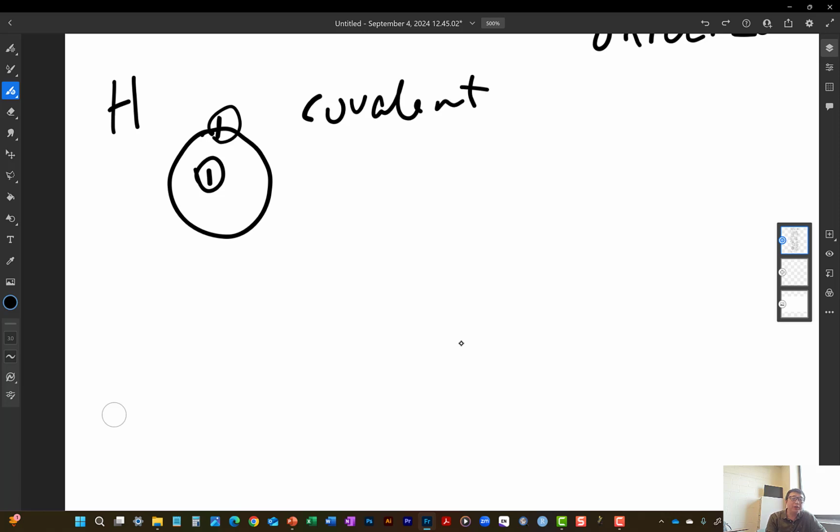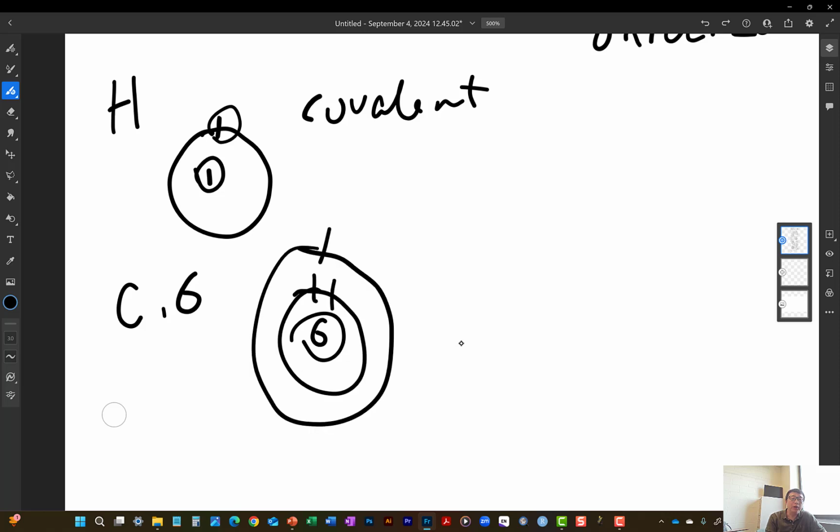And then another one is carbon, C, which has 6 protons in the center. But first, again, as we have mentioned, shell 1 has 2 and shell 2 has 4 singulars. Normally carbon does not acquire or obtain any electrons from other atoms.